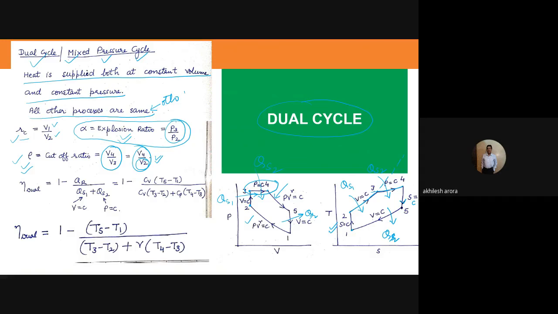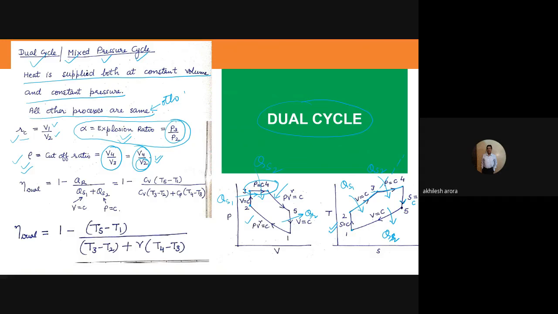In an actual engine running at very high speed, the pressure increases, and because the compression process is also taking place simultaneously when the injection is taking place, we can represent the heat supply process in two parts: one at constant pressure and the other at constant volume. That is why there are two heat supply processes shown in the dual cycle.